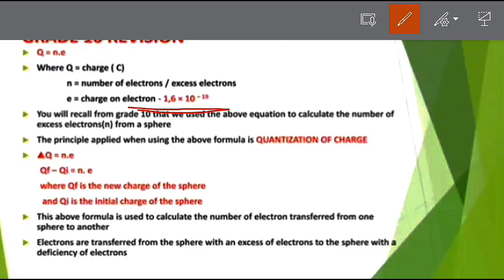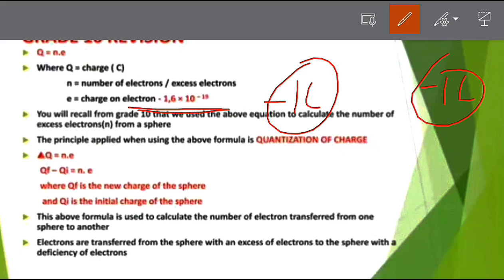If we go back to our example, the -1 Coulomb will be the final charge, right? Initially A had -4 coulombs, but finally it has -1 Coulomb. So in your Qf you substitute -1, and in your Qi you substitute -4. So that is what is going on here.